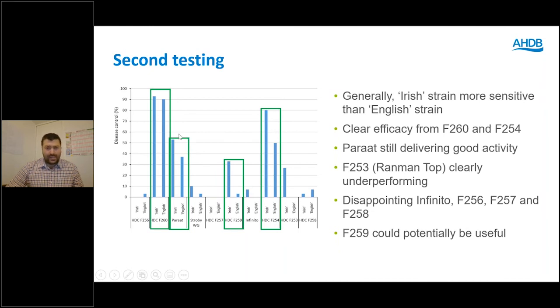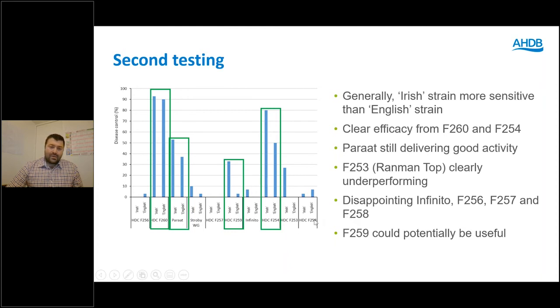And of course, we were still delivering quite good efficacy from Parat, and also there was another coded product, HDC 259, which, although it may seem a low efficacy, is a new active, and it could potentially give us another option for tank mixes, and I'll cover these a little bit later on.